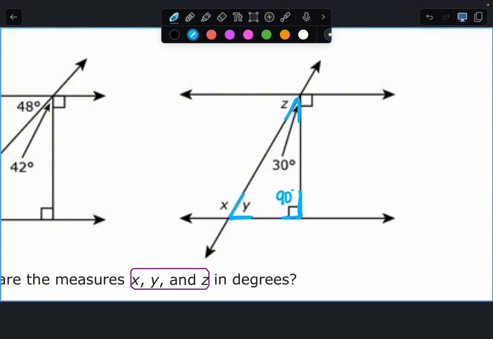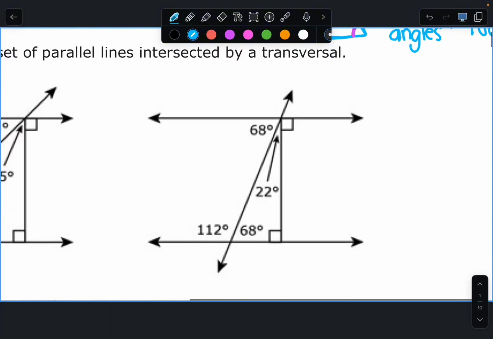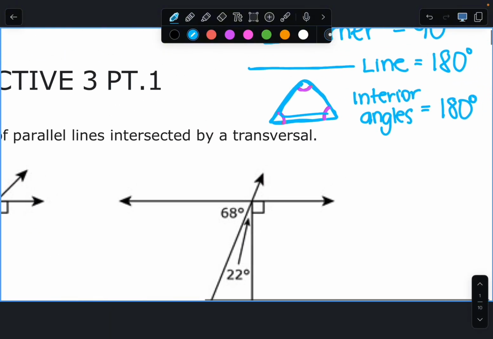What can I do to find Y? This one measures 30. This one measures 90. We know two of the three. How do I find this missing third one? We subtract. If all the inside angles measure 180, we subtract what?